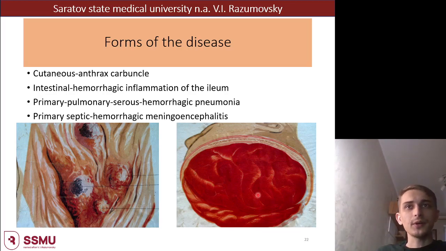Primary pulmonary serous hemorrhagic pneumonia may develop as a result of anthrax, and in the primary septic form we may see development of hemorrhagic meningoencephalitis. The typical manifestation of meningoencephalitis in anthrax is formation of great hemorrhage on the surface of the brain. The brain becomes red, and it's a really typical manifestation of anthrax on autopsy examination.